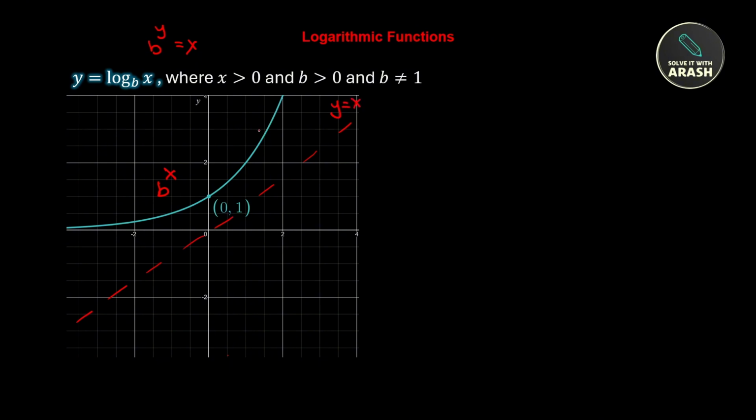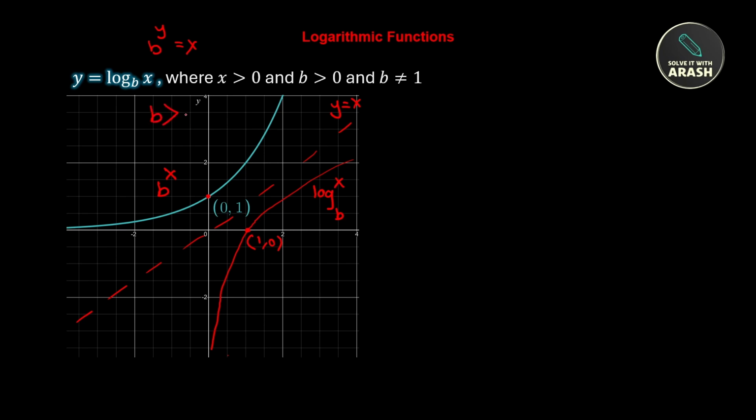If I reflect the blue line, b to power x, over the dashed line, I'm going to get this graph. Where on the blue line, the y-intercept is at 0, 1. Now on the new graph, we don't have a y-intercept anymore. Instead of that, we have an x-intercept of 1 and 0. This is going to be the graph of log b of x, where b is greater than 1.